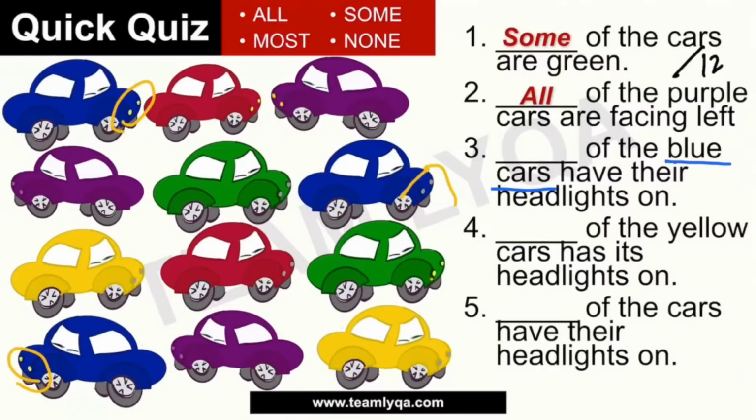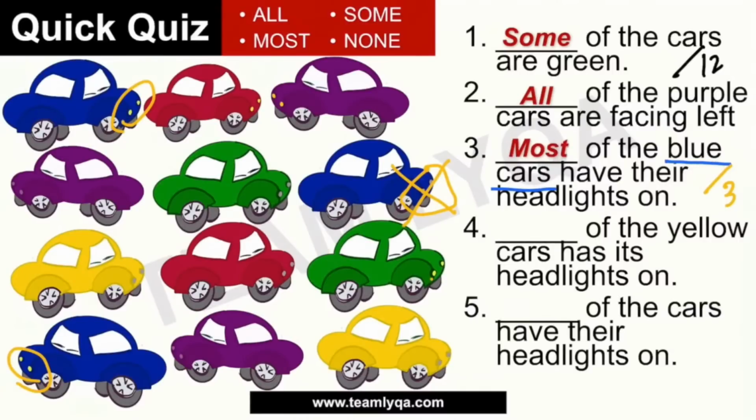Kaya lang ito, hindi nakabukas yung kanyang headlight. So, ibig sabihin nun, out of the 3 cars na meron, ang nakabukas ang headlight ay 2. 2 out of 3 of the blue cars are nakabukas ang headlight. So, ibig sabihin nun, mas marami ang nakabukas kaysa sa hindi nakabukas kasi isa lang ang hindi nakabukas. Kaya pwede natin gamitin yung word na most. Most of the blue cars have their headlights on.